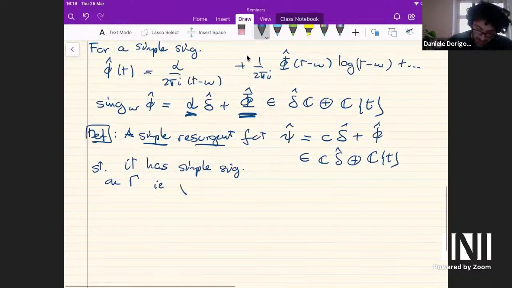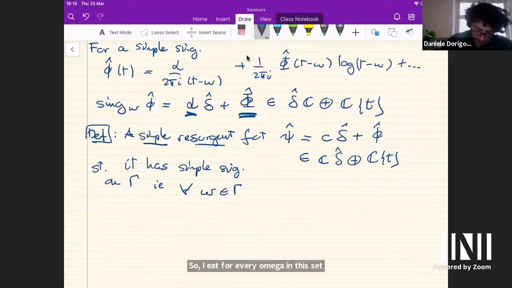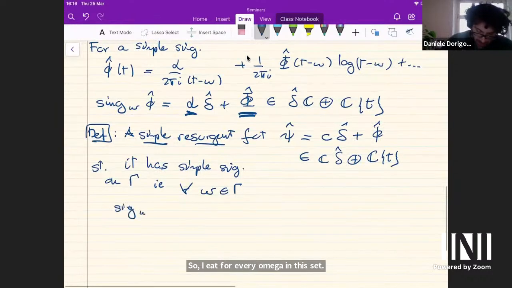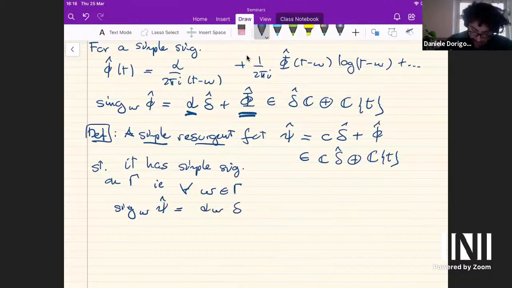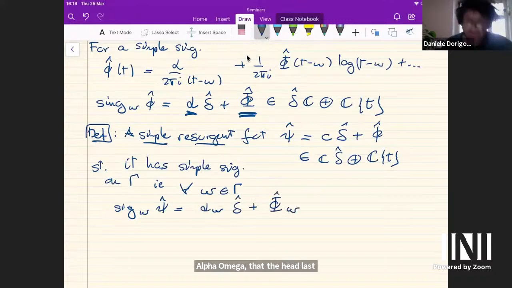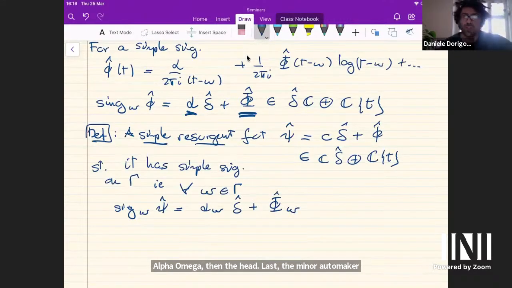I.e., for every omega in this set, the singular part of psi is going to be alpha omega delta hat plus the minor at omega. So these objects are going to be playing a key role.